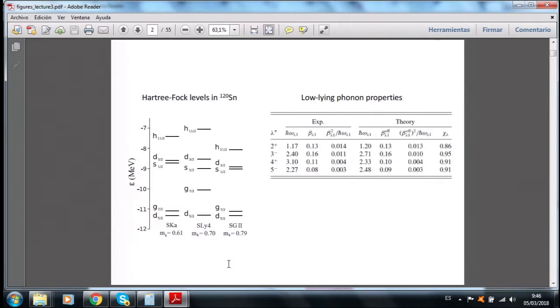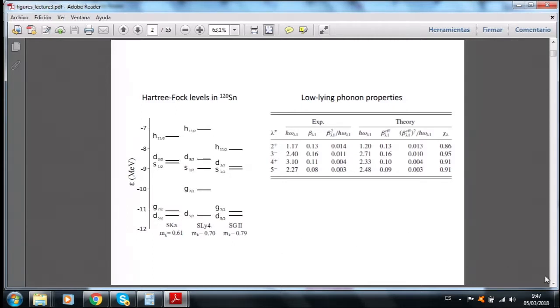And the beta value, maybe I didn't say that before, is nothing but the zero-point fluctuation of the alpha multiplied by 2 lambda plus 1 square. It's just a kind of usual way of writing the zero-point fluctuation. So these are the basic elements of our calculation. Remember, we just need single particle states and phonon properties.